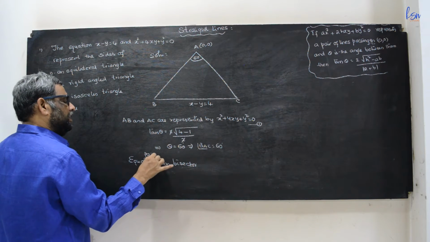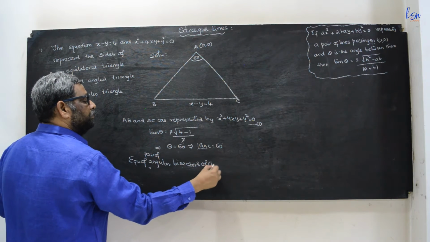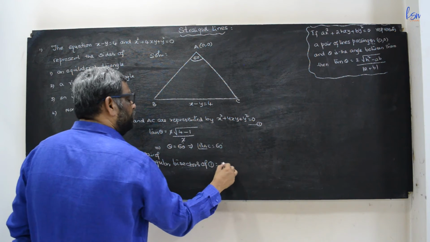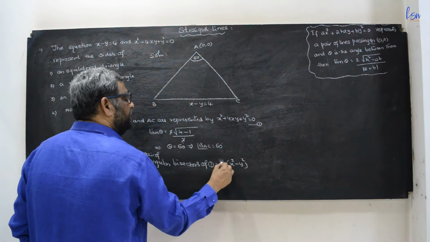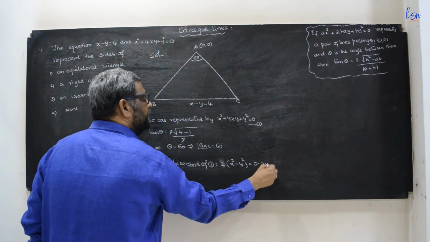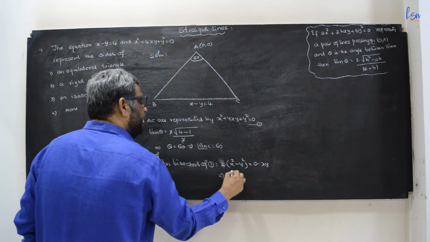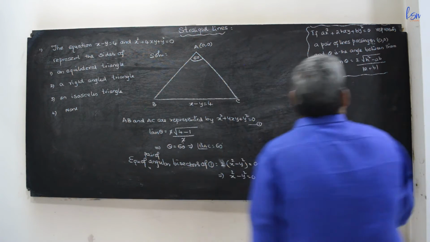pair of angular bisectors. The pair of angular bisectors is h into x square minus y square equal to a minus b into xy. Here, 0 into xy implies x square minus y square equal to 0.